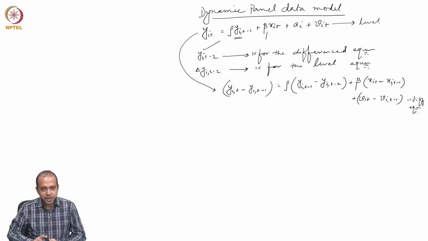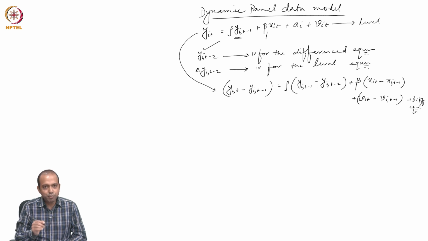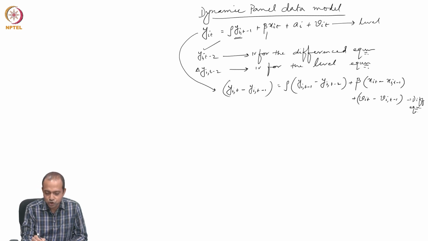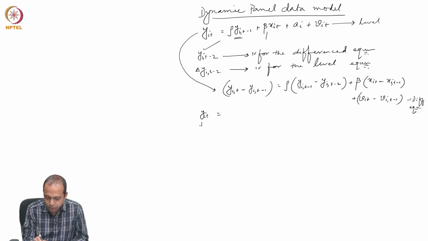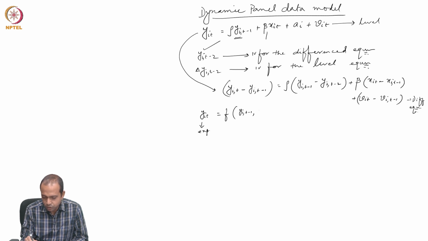In our context, yit is employment, and that is basically a function of yit minus 1, then wage, then capital.